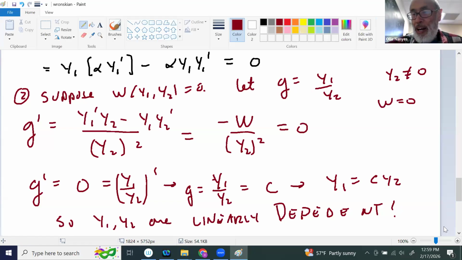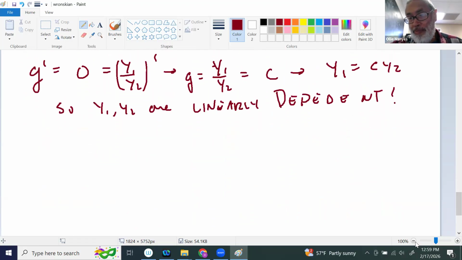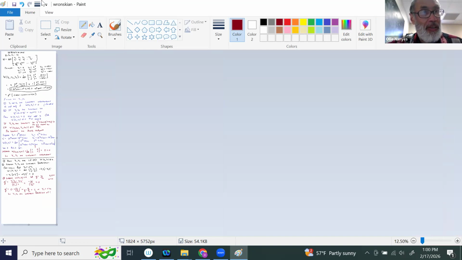So now we figured out that the Wronskian can determine linear independence or not. Okay? So we'll go ahead and do this.